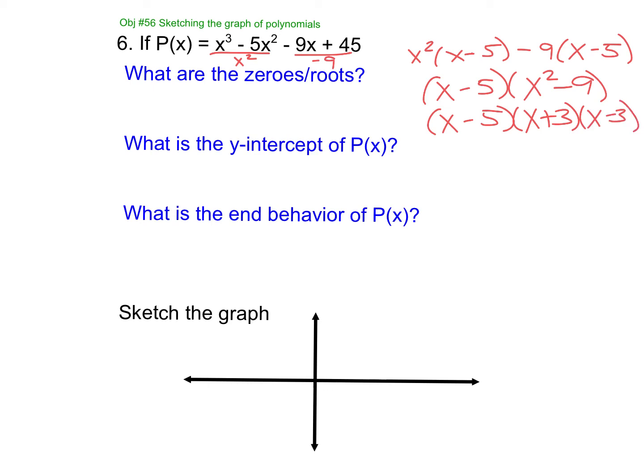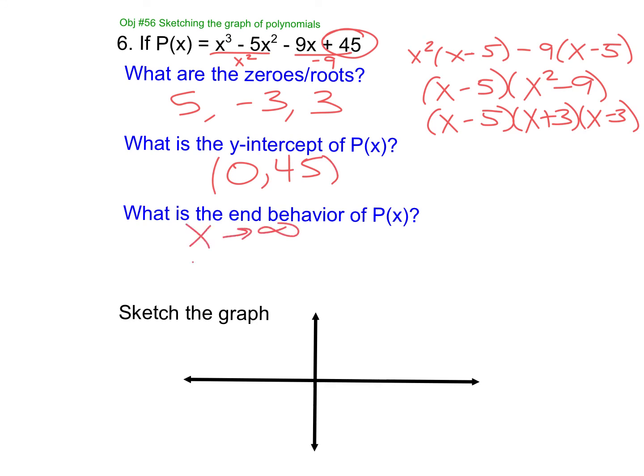Right. So then what are our zeros? 5, negative 3, and 3. Our y-intercept is nice. We can read it from the original. It's just 45. End behavior as x goes to infinity, and as x goes to negative infinity.